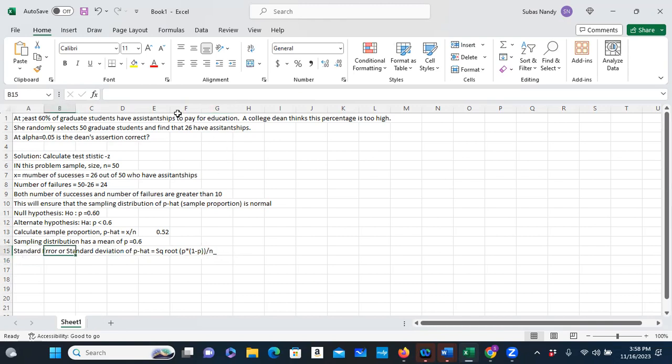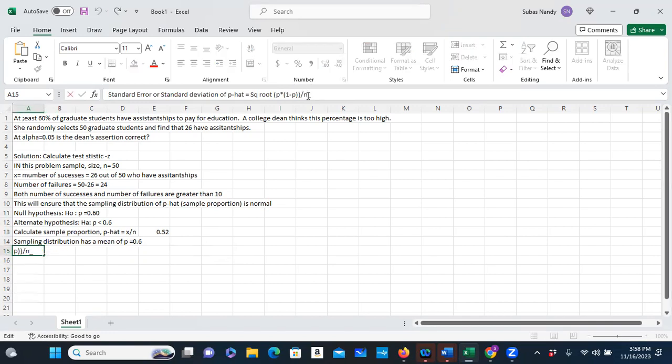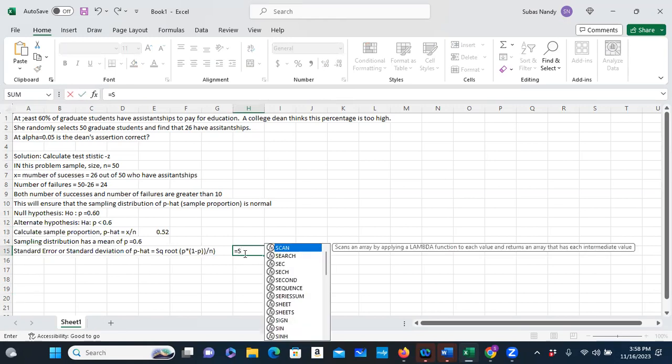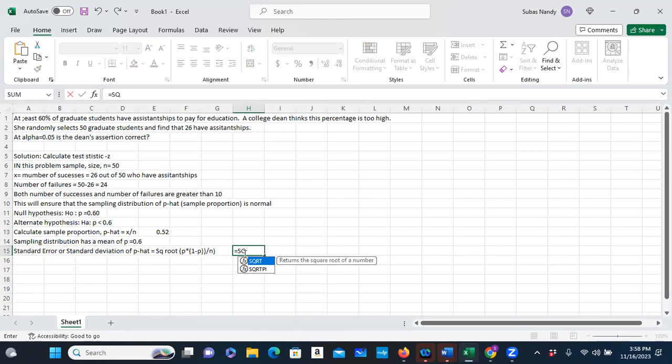Square root of, inside the parenthesis, P times 1 minus P divided by N. So let's calculate that. We use SQRT. Inside the parenthesis, my P is 0.6.